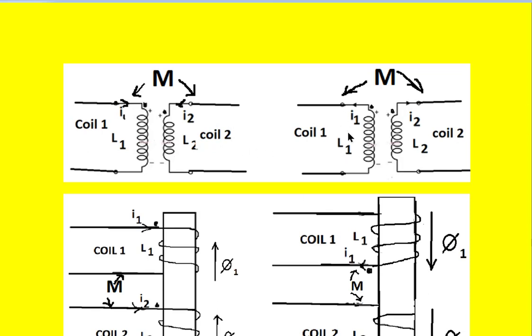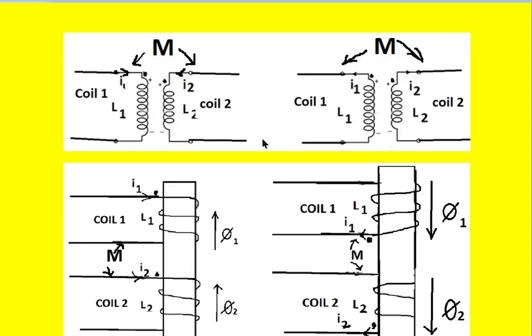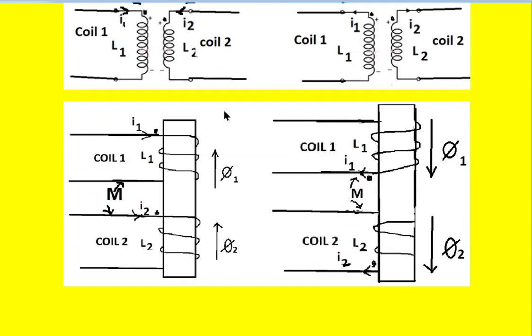Similarly, here current leaves the dot in the first coil, whereas in the second coil current I2 leaves the dot here. So in both cases the fluxes are aiding. So the sign of the mutual inductance, when the equivalent inductance is calculated, will be the same as that of the self-inductance, that is normally positive.